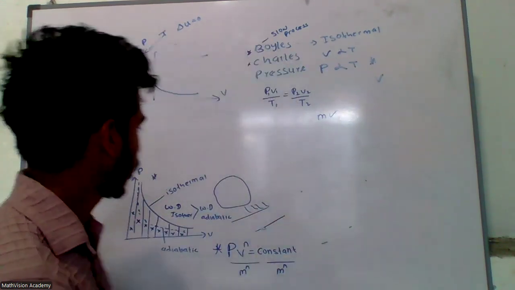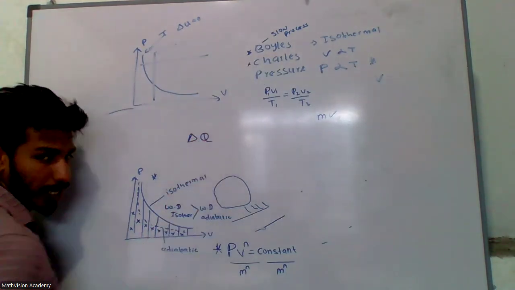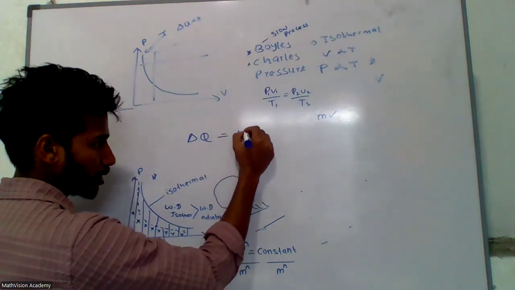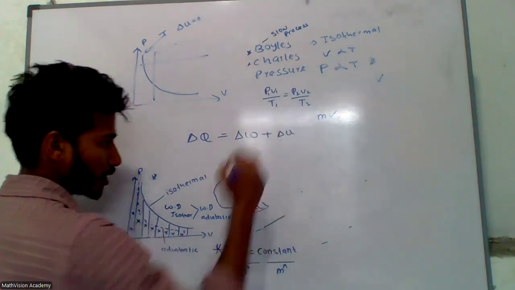So the first law says that delta Q, the heat exchange, is equal to work done plus change in internal energy.